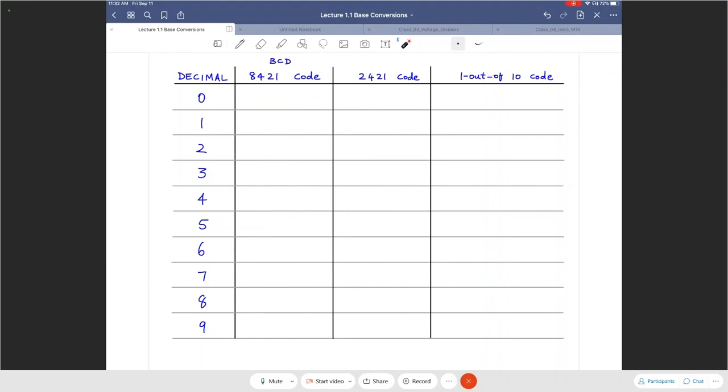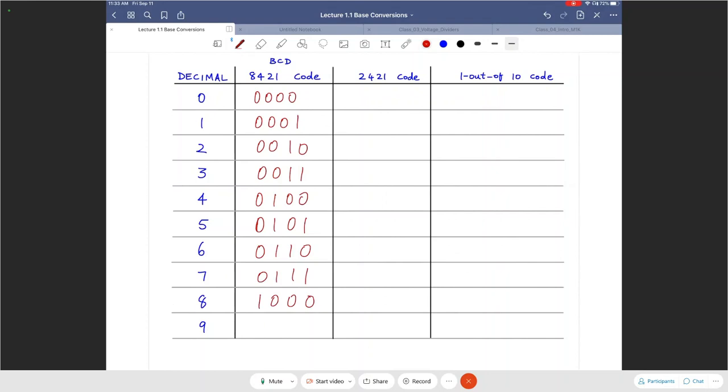With 8421, 0 would be represented as 0, 0, 0, 0: 0 times 1 plus 0 times 2 plus 0 times 4 plus 0 times 8 equals 0. 1 would be represented as 0, 0, 0, 1. 2 is 0, 0, 1, 0. 8421 is the same as binary, but only 4 bits. So 3 would be 0, 0, 1, 1. Then 4, 5, 6, 7, 8, and 9. Done. So that's your 8421 code, or binary coded decimal.